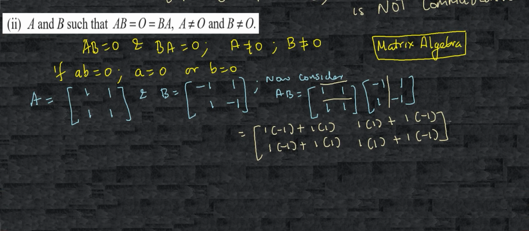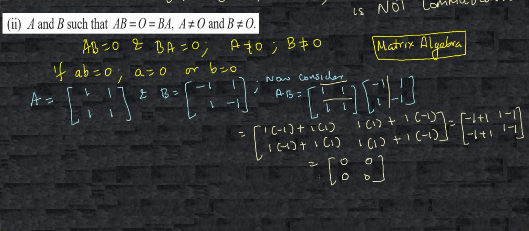So this is going to be equal to negative 1, positive 1, negative 1, positive 1, 1, negative 1, 1, negative 1, which clearly is going to be 0, 0, 0, 0. So this is the product of A times B.